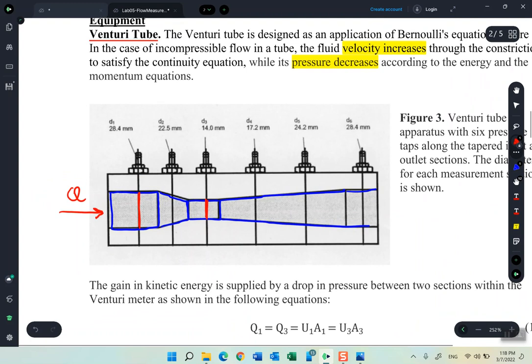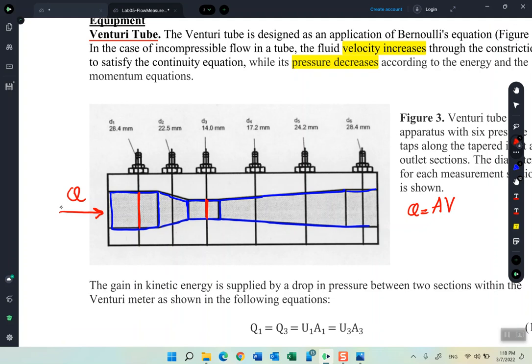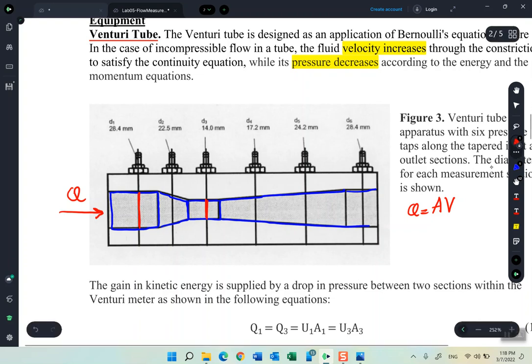So we already know that the continuity equation says Q equals AV. Of course, because we have a constant discharge going inside this Venturi tube, the Q that is passing in the first section should be the same as the Q that is passing through the second section, right? Obviously from the figure, A1 is much larger than A2, right?